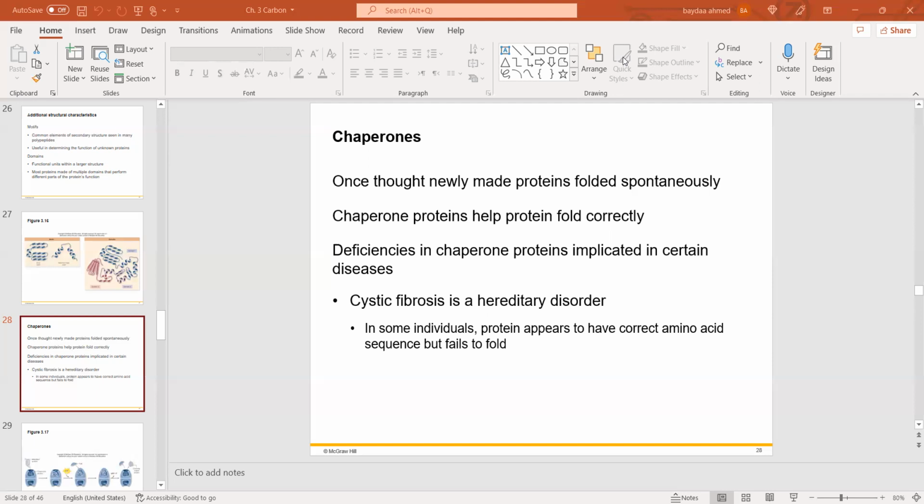Some diseases result from improper folding. Cystic fibrosis is a hereditary disorder caused by a mutation in the gene for a protein that moves ions across the cell membrane.